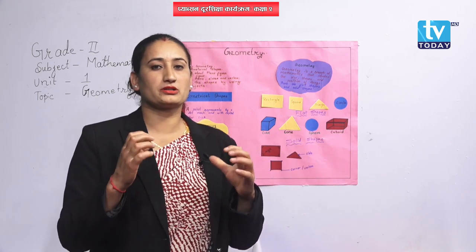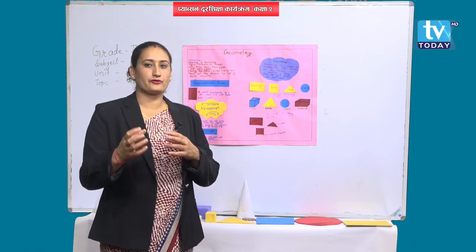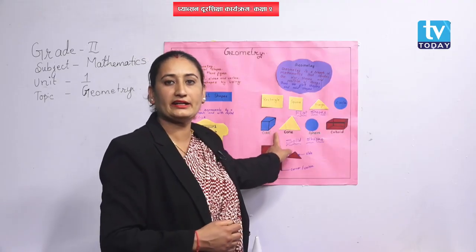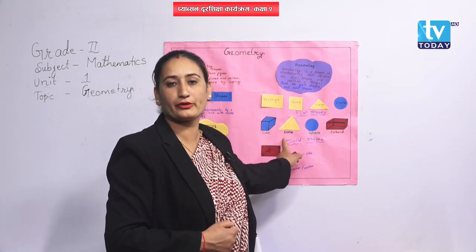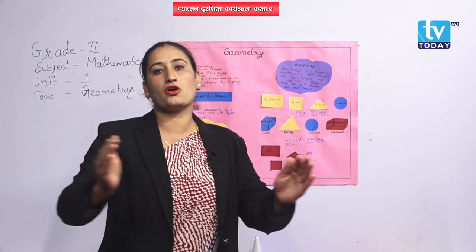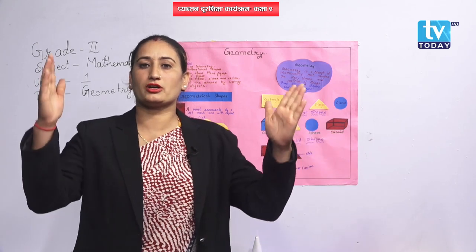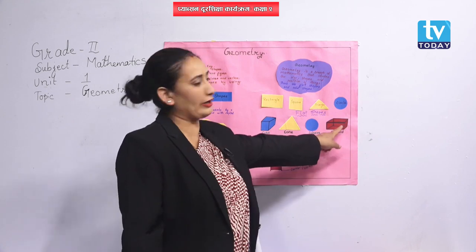If the box is square in shape, we call it a cube. Rectangular, long in shape, bigger length and shorter breadth, we call it a cuboid. This one.